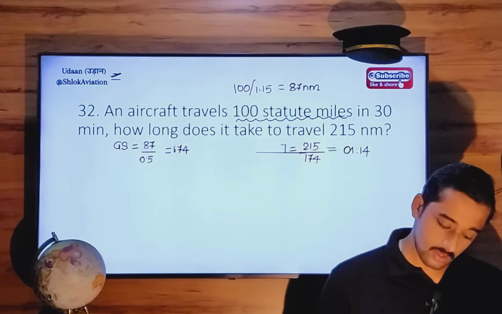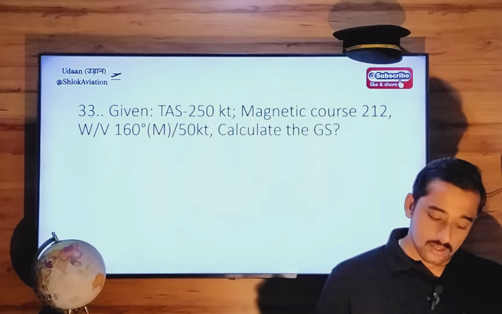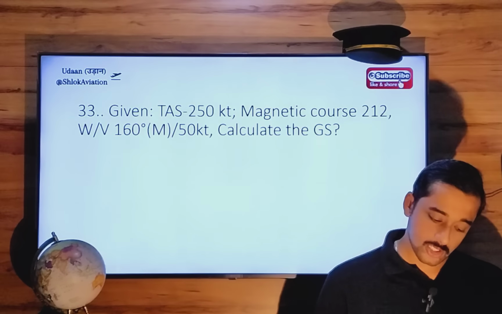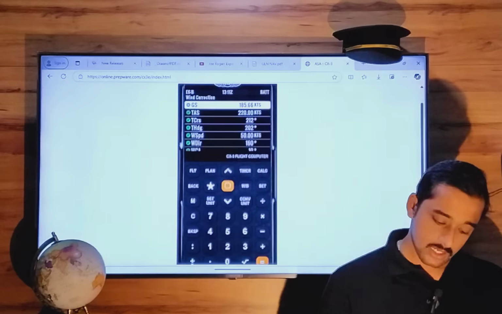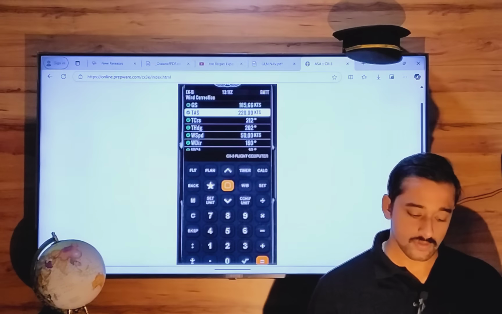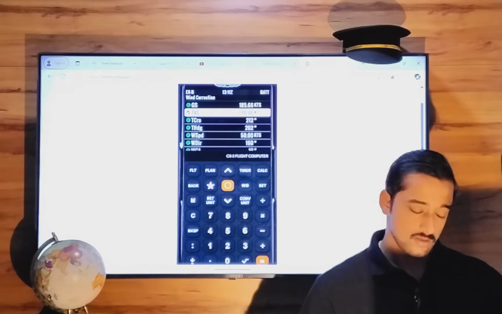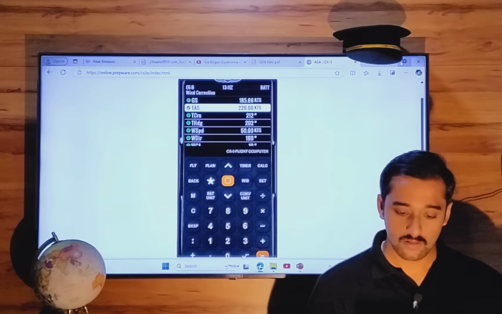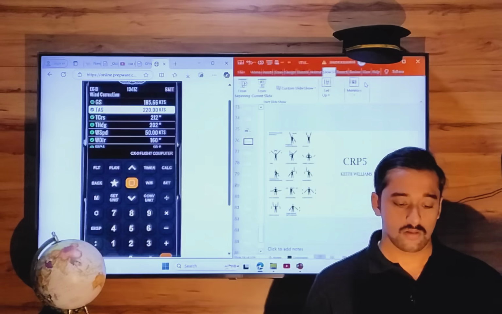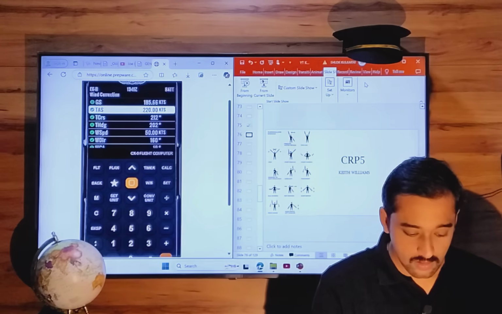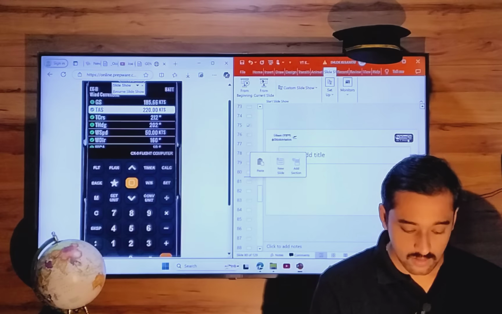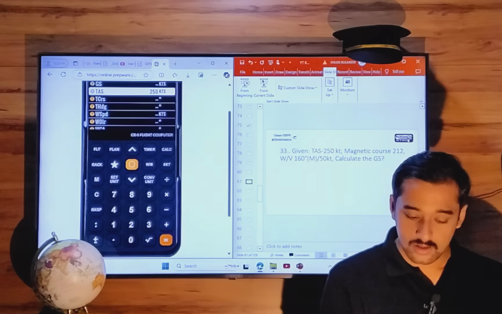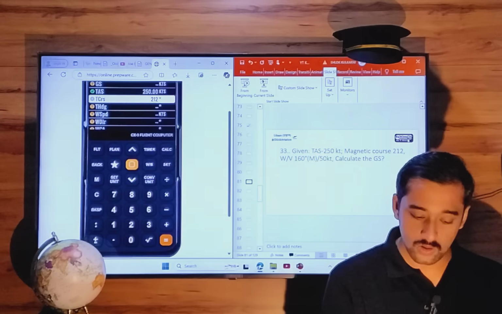That's your answer. Next. True airspeed, magnetic course, wind velocity given to you. Calculate ground speed. So true airspeed is 250 knots. Course 212.